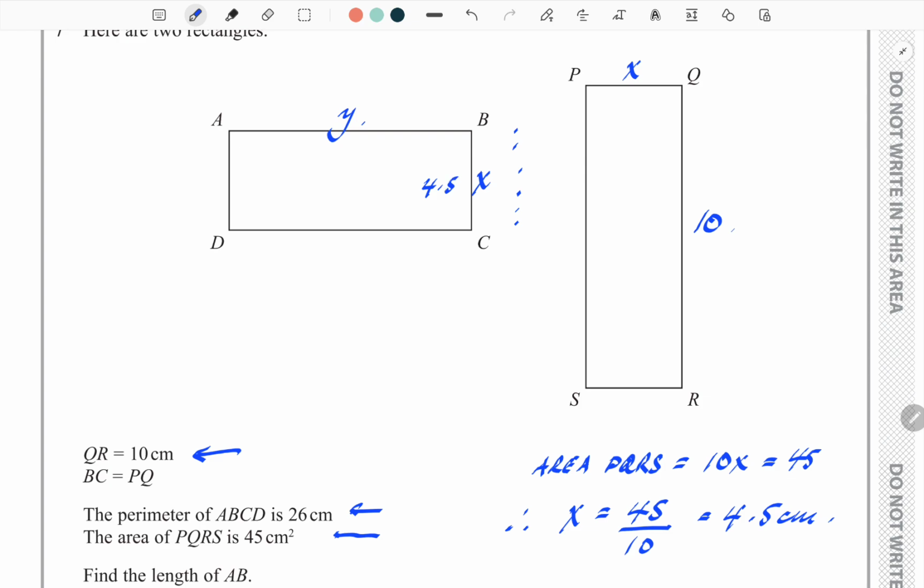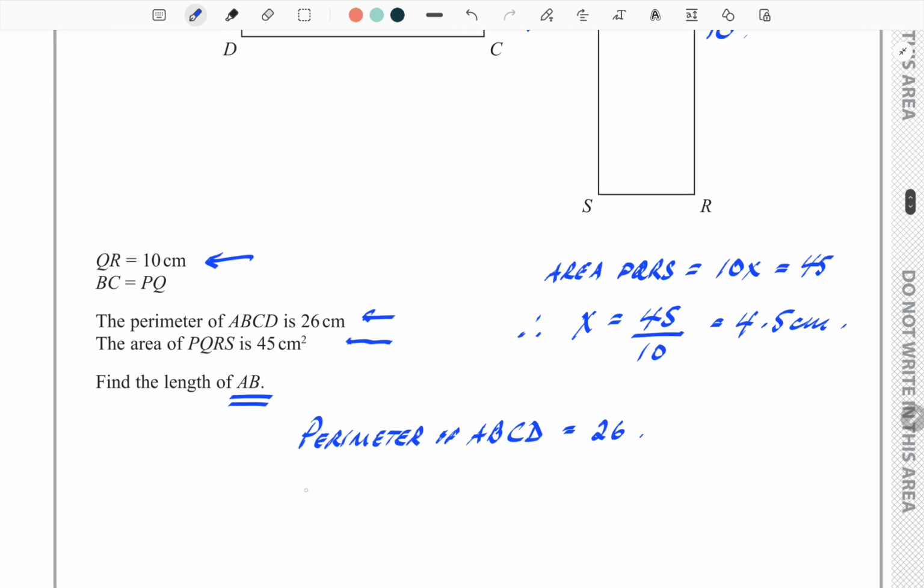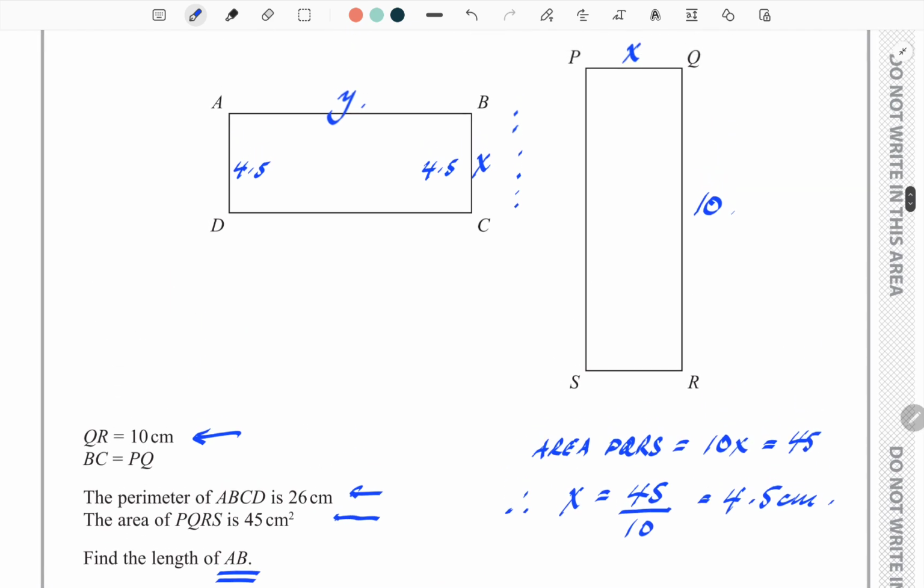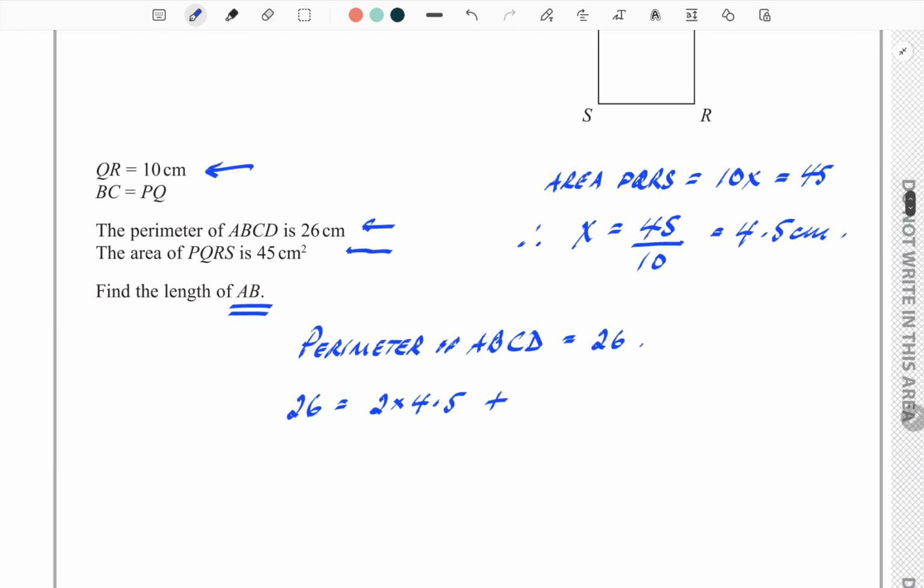So remember, as you go along a perimeter, you'll have in a rectangle 2 of each side, all right? So what that means is 26 equals 2 times 4.5 plus 2 lots of y. In a rectangle, opposite sides are the same length, all right? So 2 times 4.5 plus 2 times y. 26 equals 9 plus 2y.